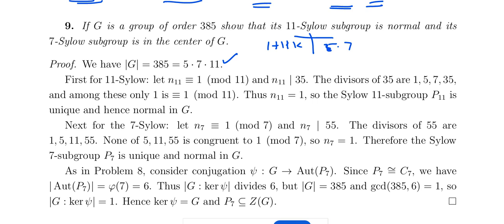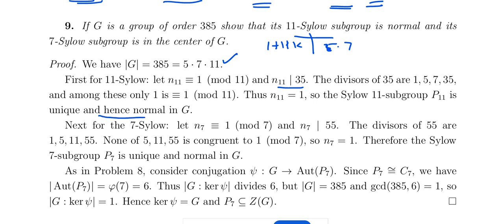K equal to 1 gives 12, not true. 2 elevens are 22, 22 plus 1 is 23, not true. 33 plus 1 is 34, not true. So this is also unique, so n11 equals 1. The divisor is unique, which means the 11 Sylow subgroup is normal.